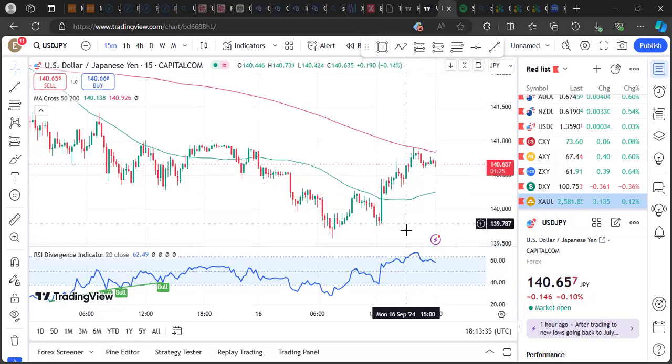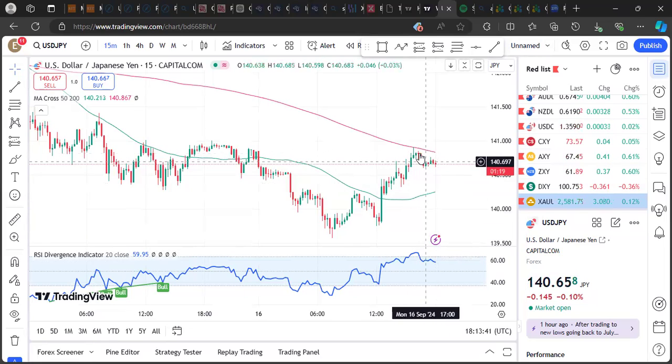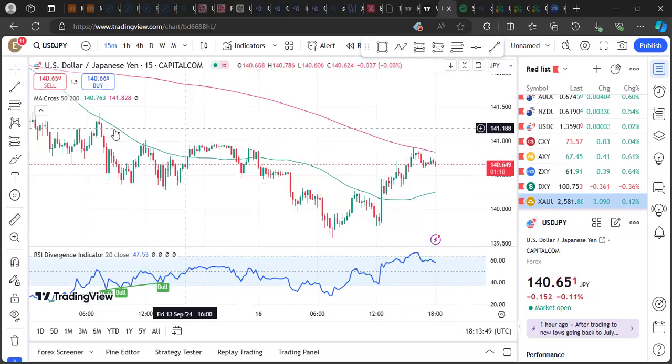And you can see at this point, when it went above, the market is actually trying to sell at this point. So there's a sell signal on USD/JPY right now.